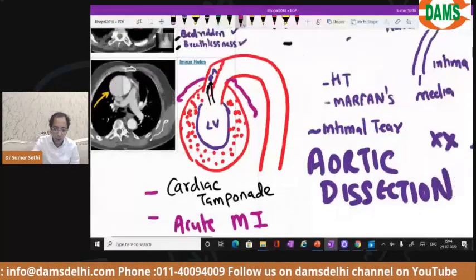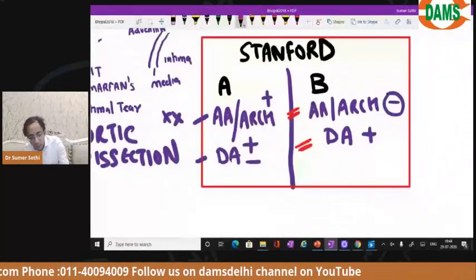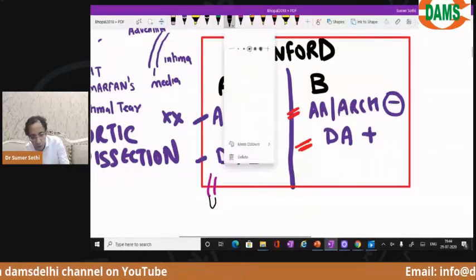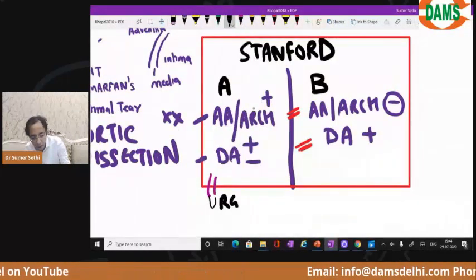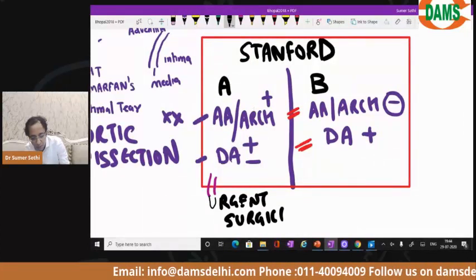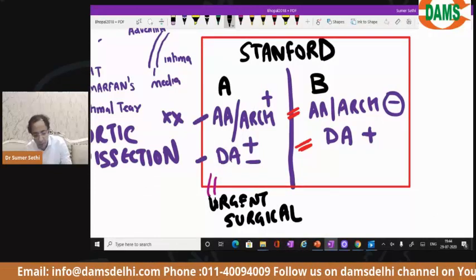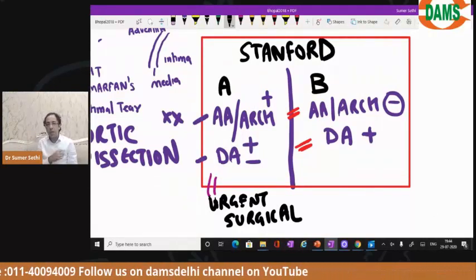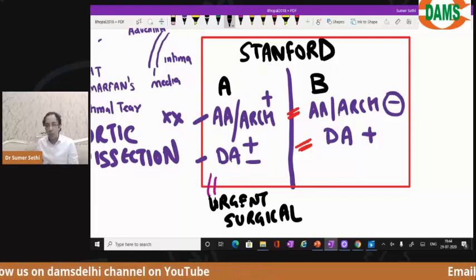So that is why anytime you have a patient with Stanford type A dissection, you need an urgent vascular surgical intervention. You need to take the patient to OT as fast as possible and repair the dissected part with a Dacron graft.